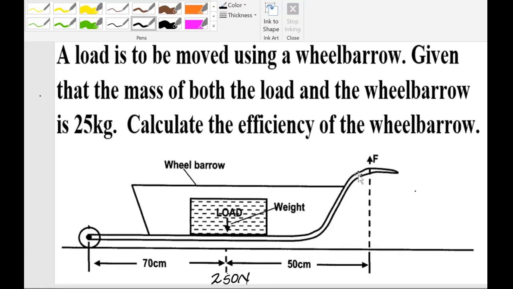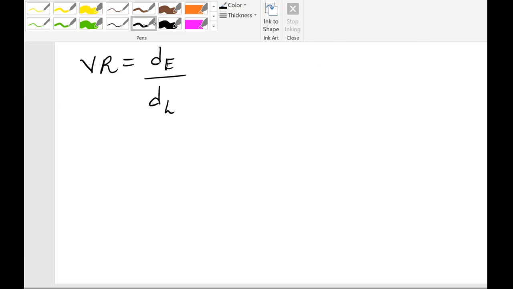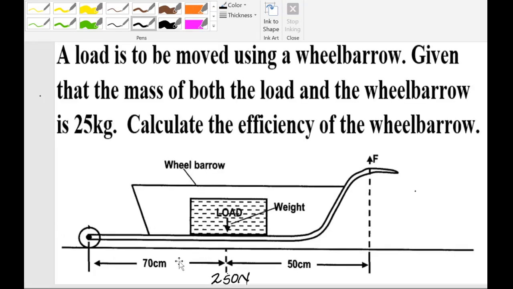So coming to our diagram, the effort is at this point. Its distance from the pivot is 70 plus 50, which is going to give us 120. That is the distance moved by the effort. And so velocity ratio, distance moved by the effort is 120 over distance moved by the load, which is 70 centimeters.